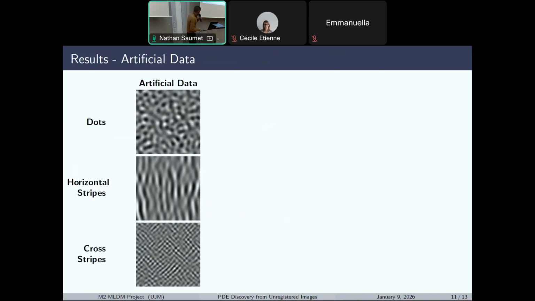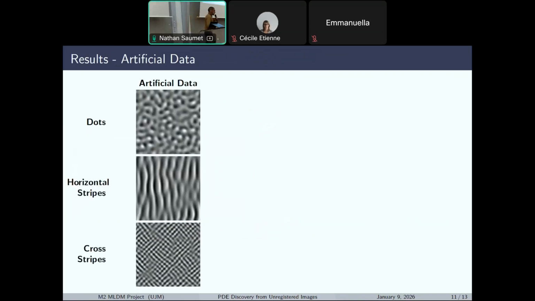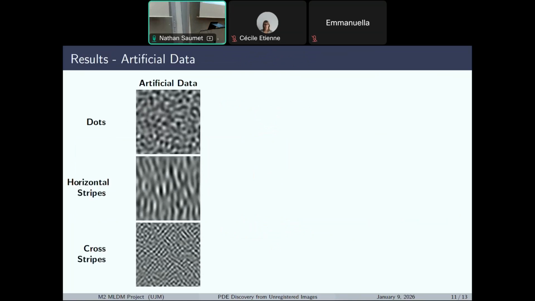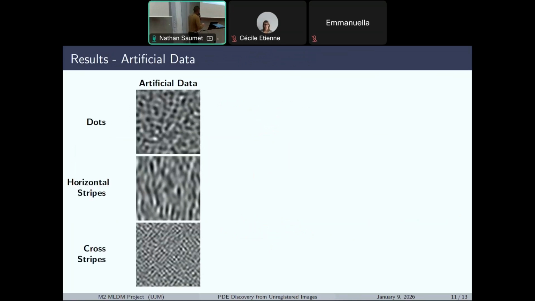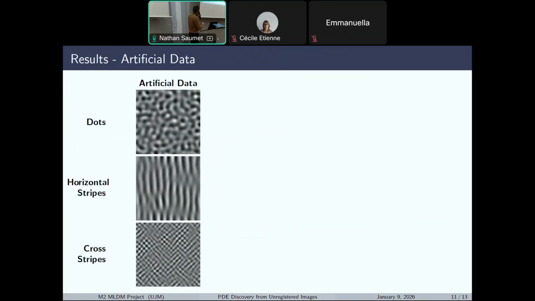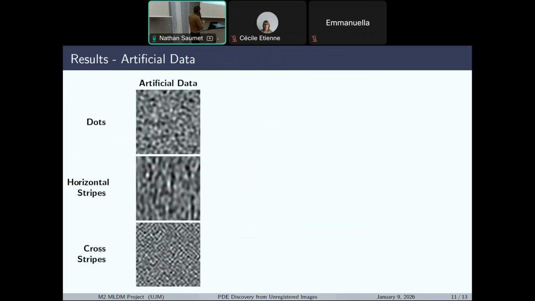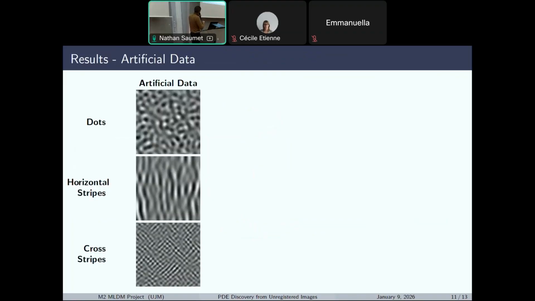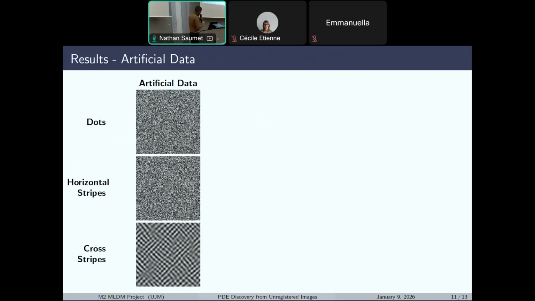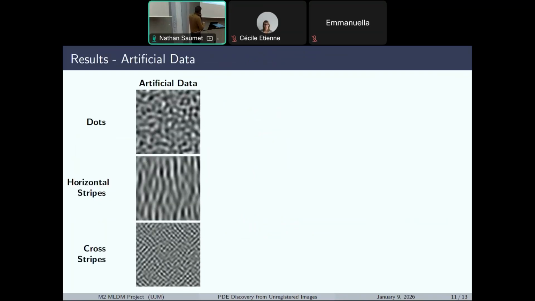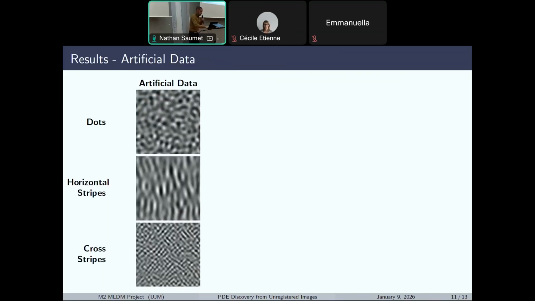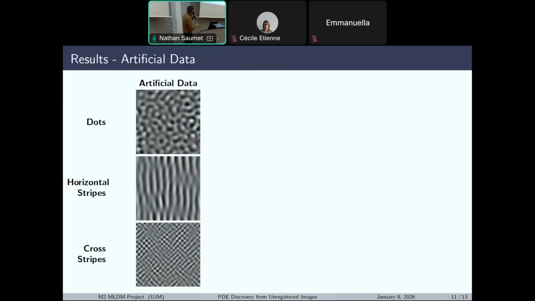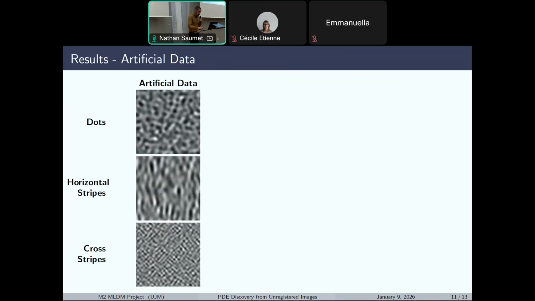So some results on our artificial data. Here we have an example of our data that we use. We see that the images are unregistered, which means that between two frames, so this is an evolution over time, we see that the evolution of the patterns is really not smooth because it's simulating the fact that it comes from a different location on the plate.